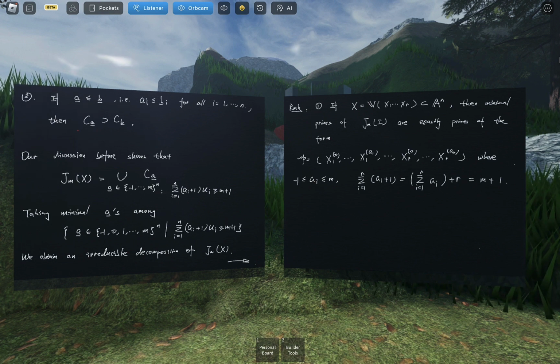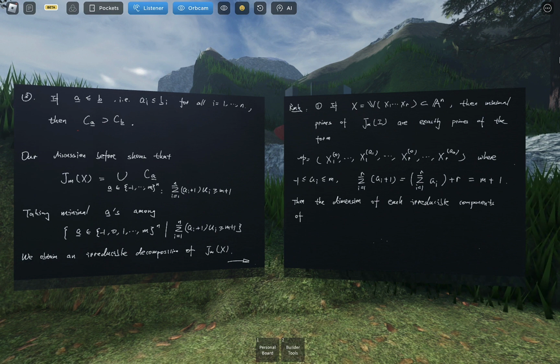Then we can compute the dimension of each irreducible component of the jet scheme. The dimension of each irreducible component of the jet scheme over X is equal to this number.